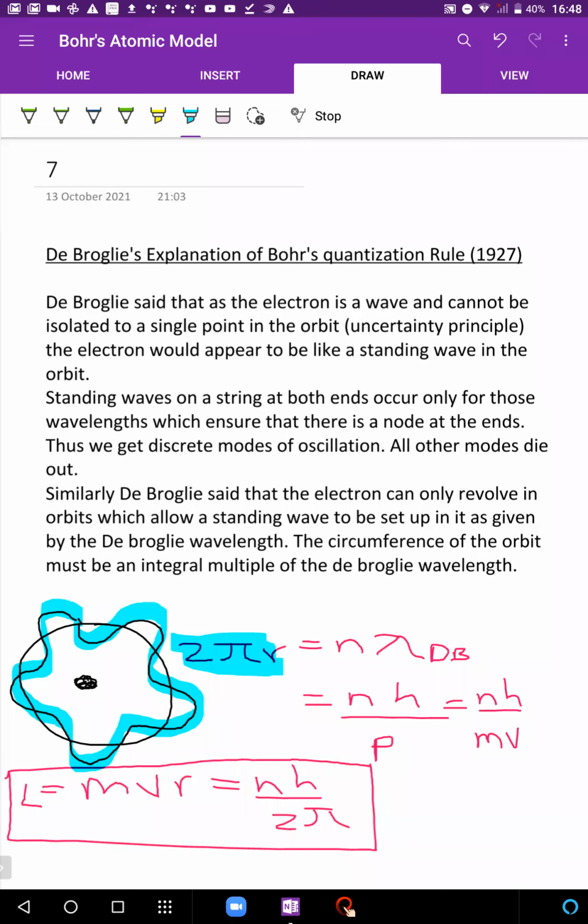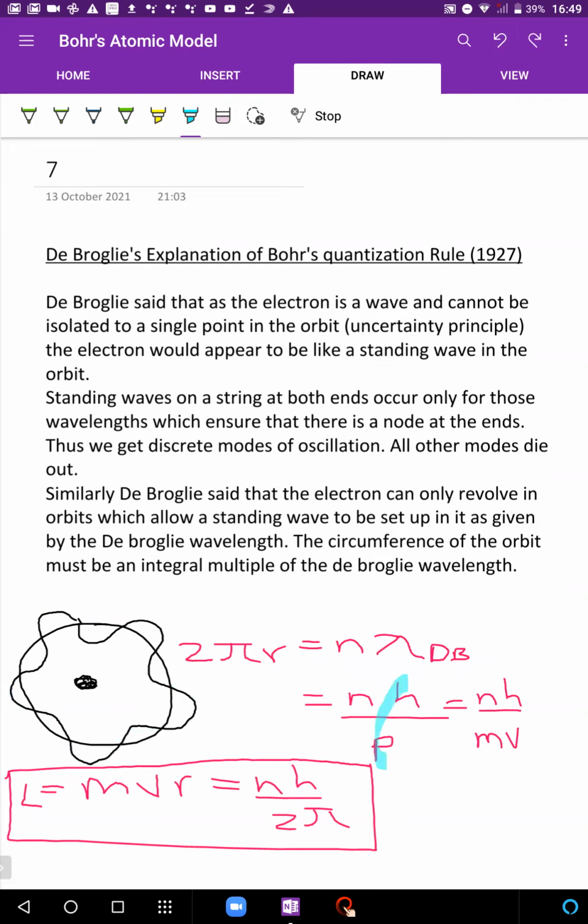For us to set up a standing wave in this circular orbit of length 2 pi r, since this is a closed loop, the length should be n times the wavelength. There should be n repetitions of the wavelength. So some integral multiple of the wavelength is the circumference. The 2 pi r is n times wavelength.